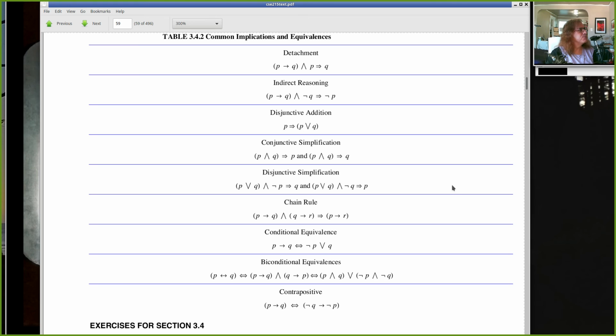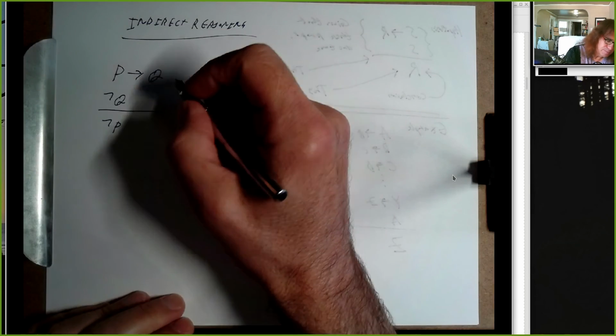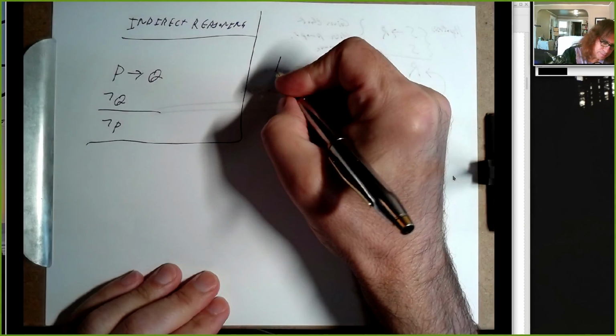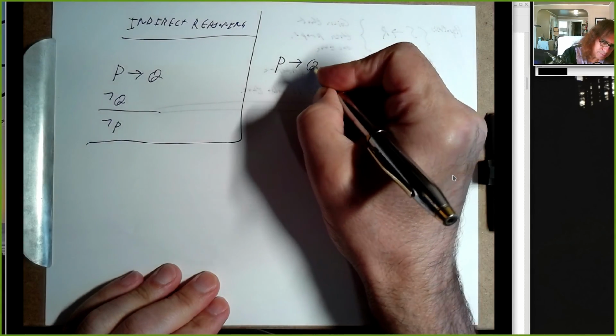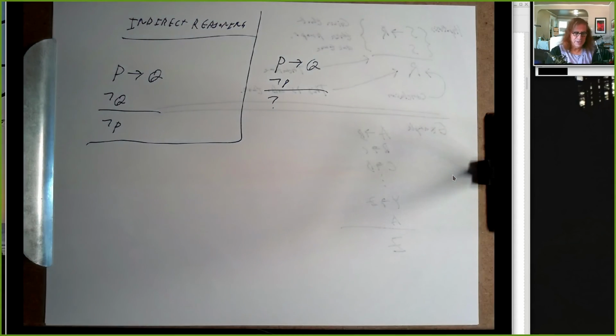Let's see, question. What would happen if we were told P was not true? All right, suppose we're told if P then Q is true, and we're told P is false. What can we conclude?